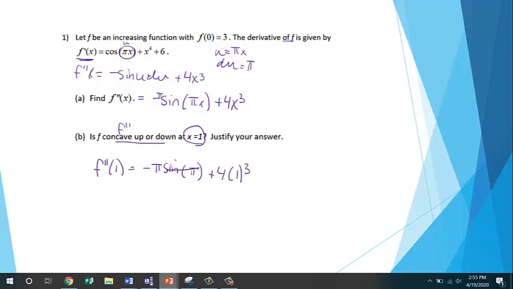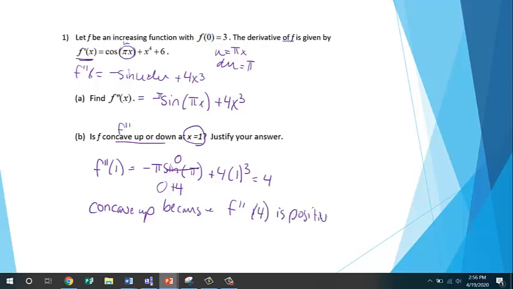I know that the sine of pi is equal to 0, so negative pi times 0 is 0, plus 4 times 1 to the third is 4. So my second derivative is 4, and since the second derivative is positive, that means f is going to be concave up, and my justification is going to be because f double prime of 1 is positive.